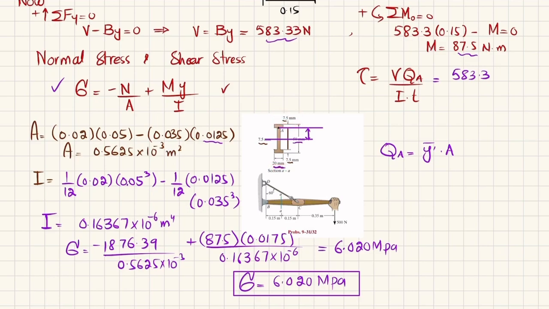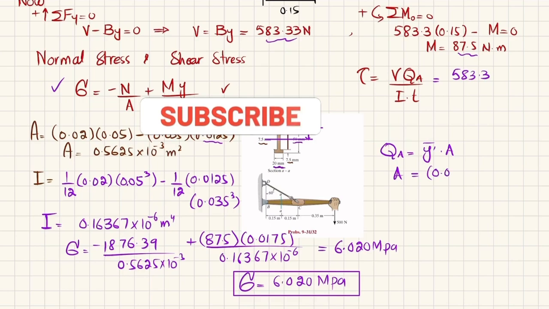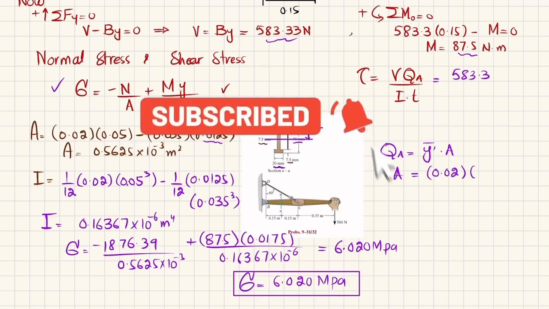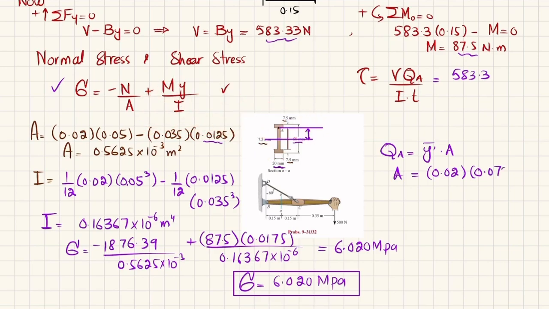So I will write this area A is equal to 20, so 20 is 0.020 meter into thickness is 7.5, which is 0.0075, 7.5 millimeter is 0.0075 meter.